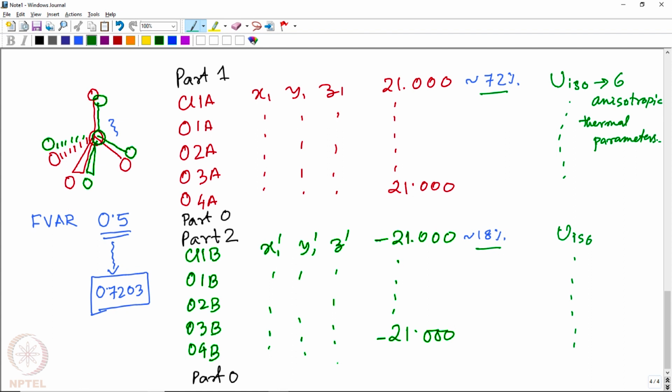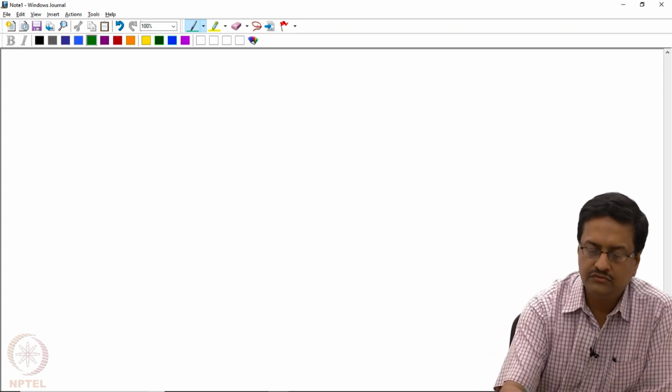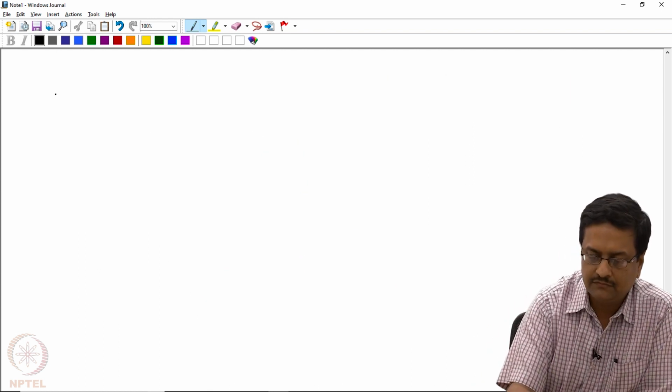Now, if you see that the coordinates of Cl1A and coordinates of Cl1B are very, very similar, or they are exactly the same, and also the corresponding thermal parameters for those are very similar, you can then constrain or restrict that both chlorine 1A and 1B should have the same location and same thermal parameter. So to do that, one can use two commands simultaneously.